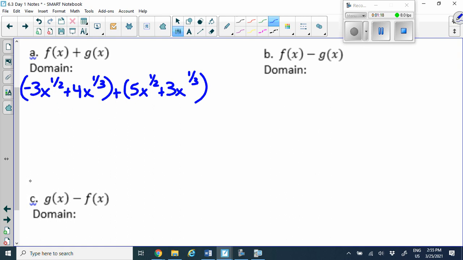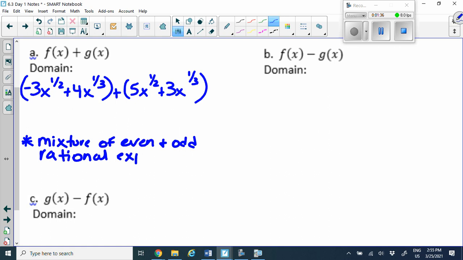Now, you will see here there is a mixture of both even and odd rational exponents. When this happens, remember, if we're thinking what x values work, we would have to plug the same x value into all of these x's.